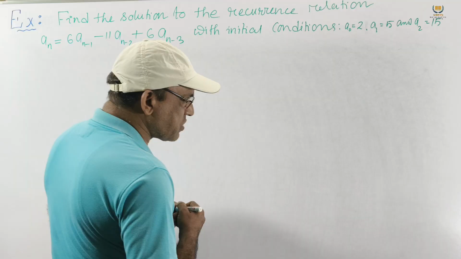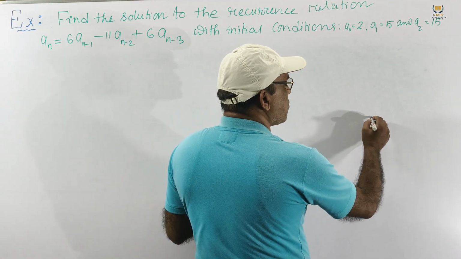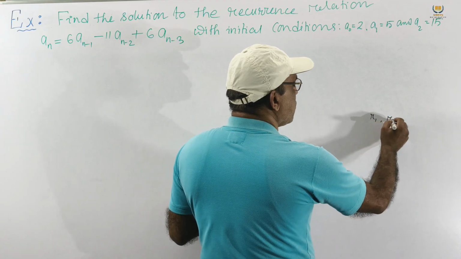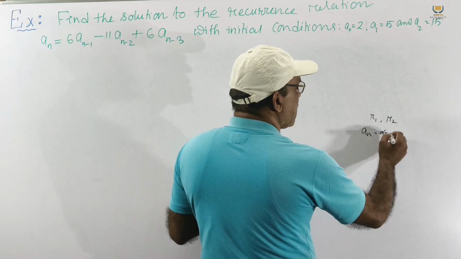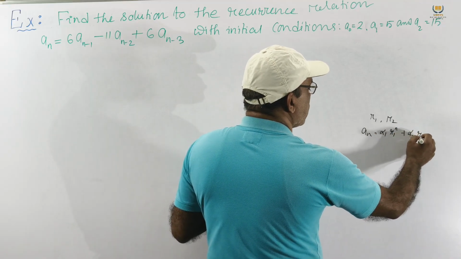Now, last video we solved some problems. If the characteristic roots are r1, r2, then the solution is a_n equal to alpha_1 r1 to the power n plus alpha_2 r2 to the power n.